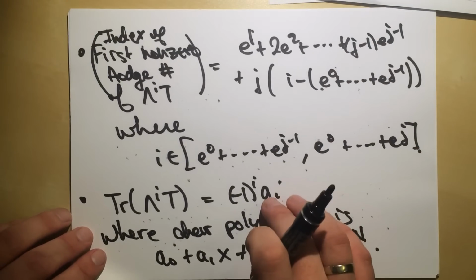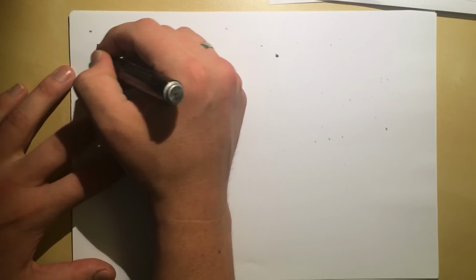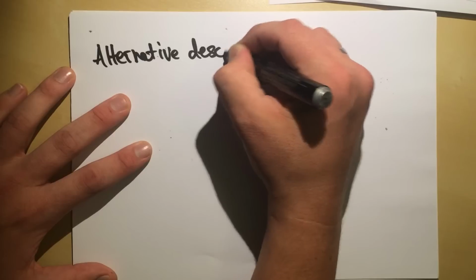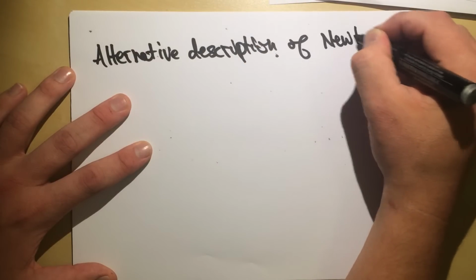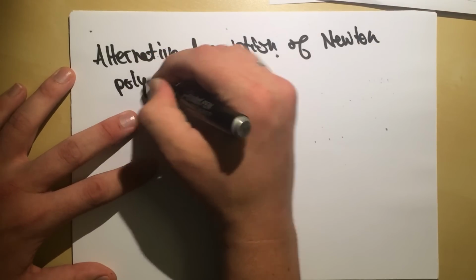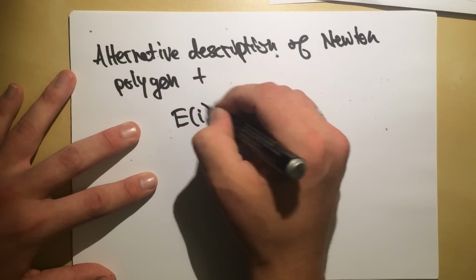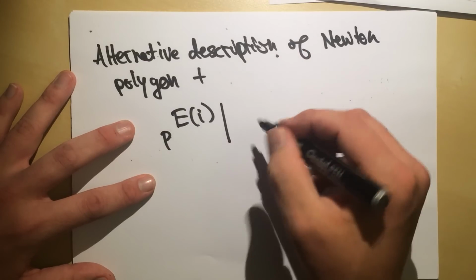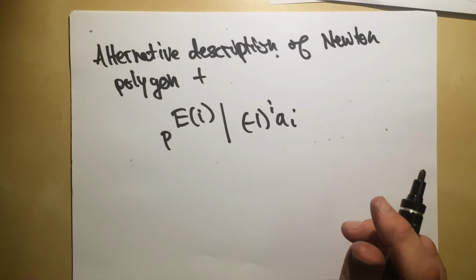We have this thing here, and now we can use the alternative description of the Newton polygon, plus the fact that p to the ei divides this, the index of the first non-zero Hodge number of (-1)^I a_i. So this is going to be true.